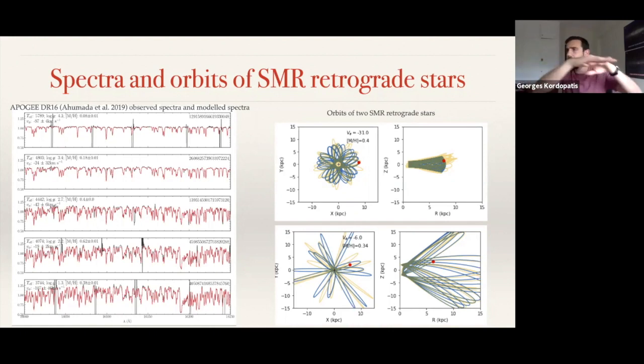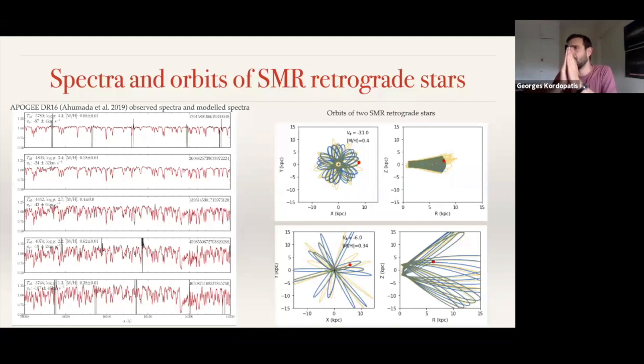And everything is prograde by definition. So the new stars that you will form are also prograde. They will orbit with, in the case of the Milky Way, 200 kilometers per second, if you are roughly at the solar neighborhood. Now, what's happening is that with time, you will increase the velocity dispersion of your population.